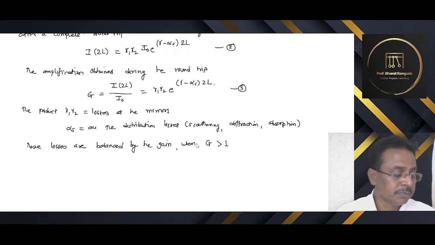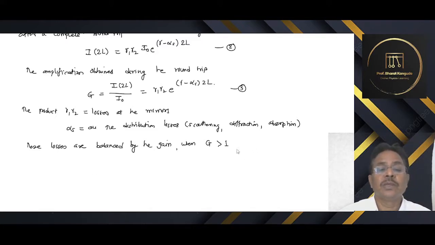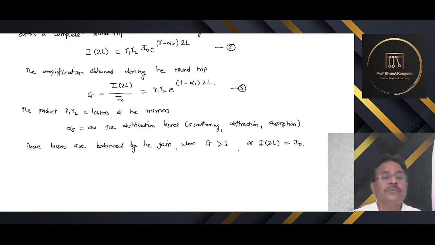Or you can write another relation here: the gain is greater than 1, or I of twice L is equal to I0, or I of twice L greater than I0. When the numerator is bigger than the denominator, then this will be greater than 1. And that's how we get the condition.